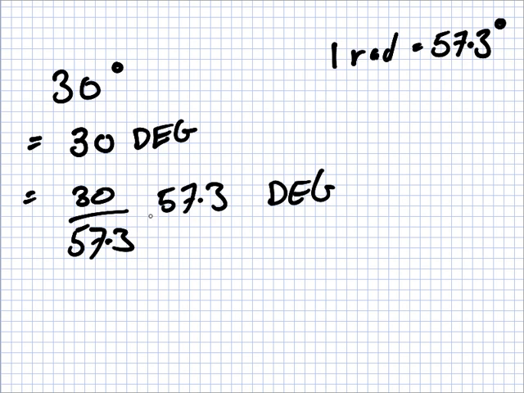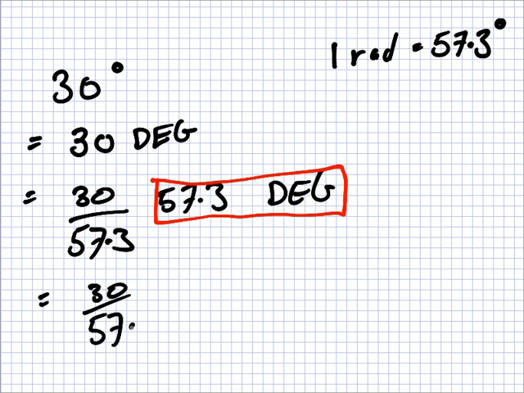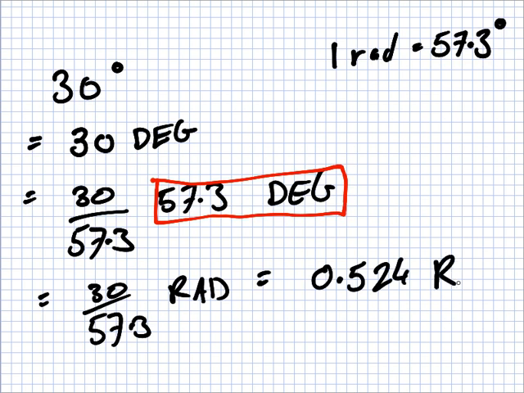Now, why did I do that? Well, what is this? It's a radian. So this is 30 over 57.3 rads. Which you have there, George, what is it? 0.524 rad.